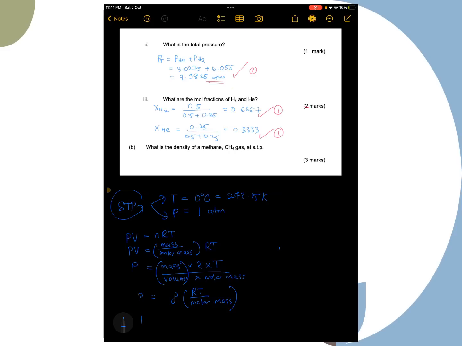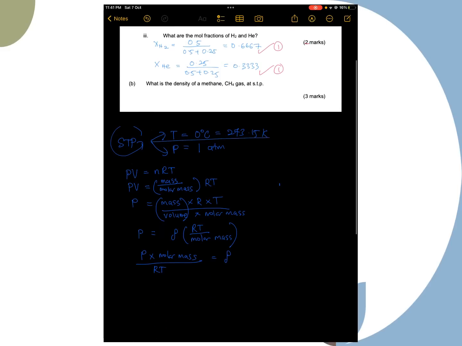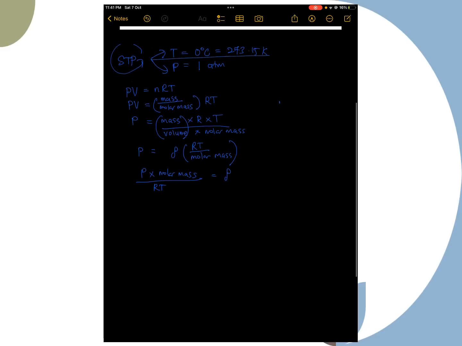So we have P times molar mass over RT is equal to density. To make it easier, let's move it like this.